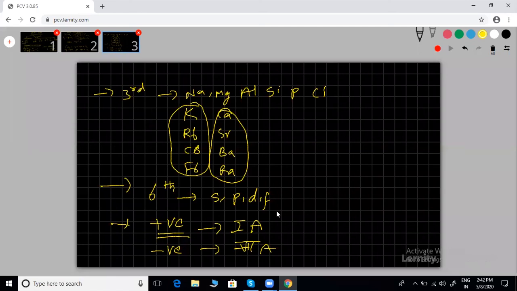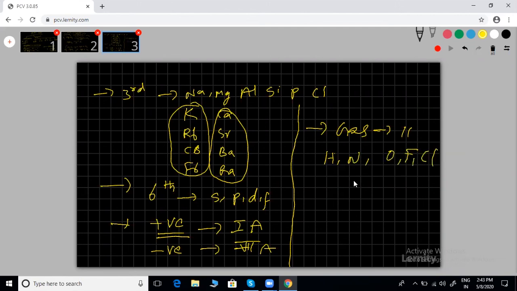How many gaseous elements are total in the periodic table? 11. Total gas elements 11. Those include hydrogen, nitrogen, oxygen, fluorine, chlorine, plus noble gases.